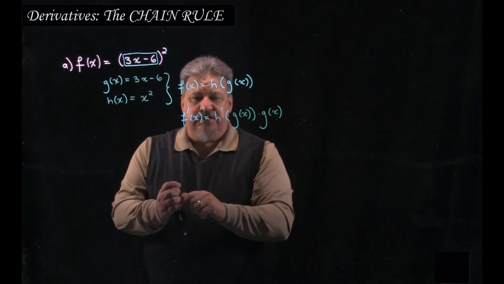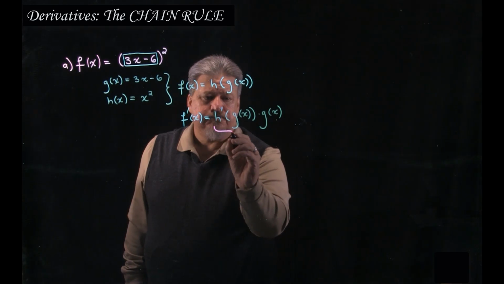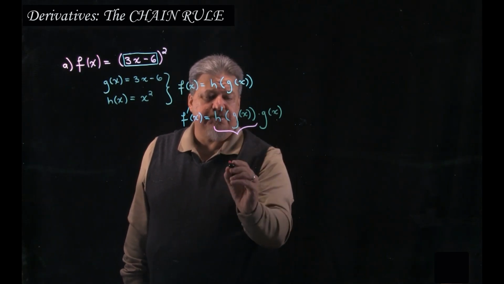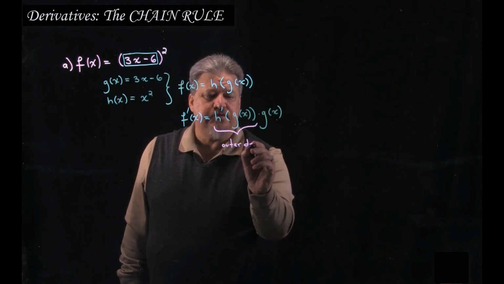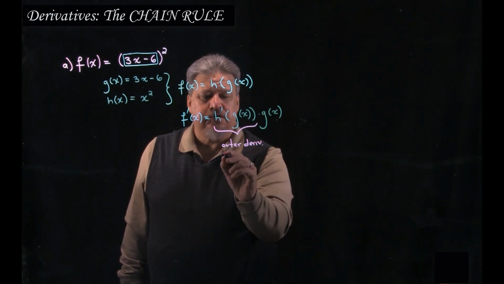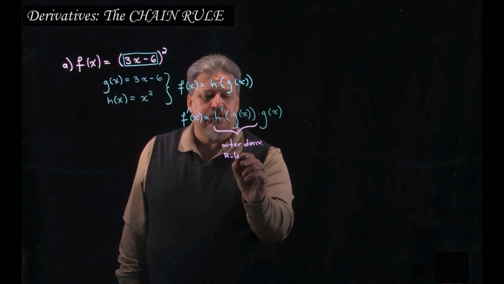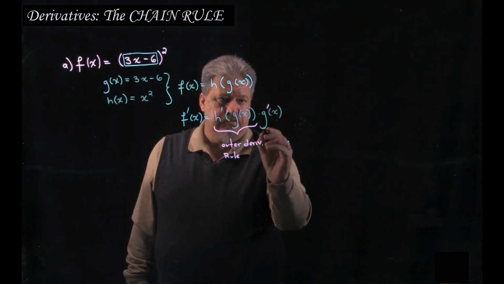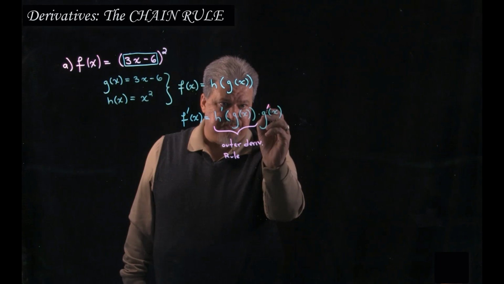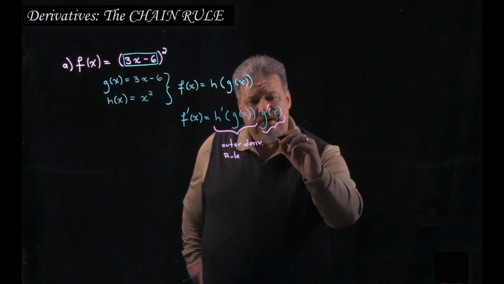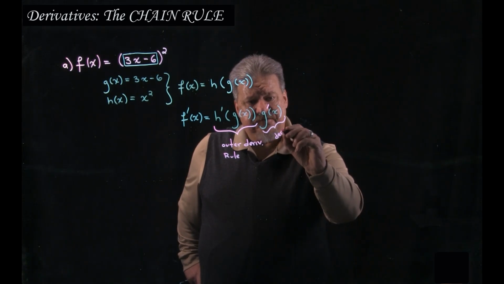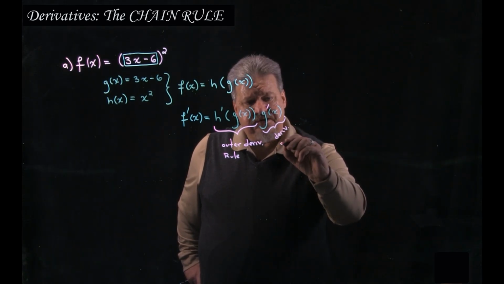So you apply the derivative of the outer function, that's h prime, you recopy the inside, so use the outer derivative rule. Then times the derivative of the inside, of course, I missed the prime. Then you multiply, this is the chaining, you multiply by the derivative of the inside function.